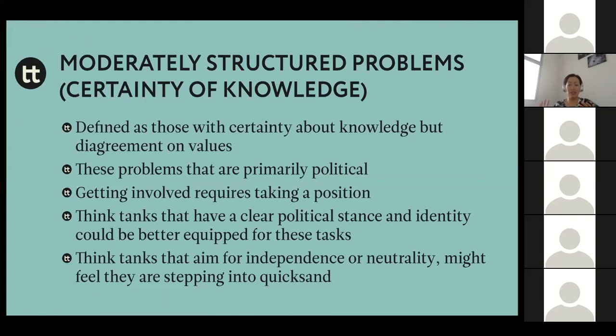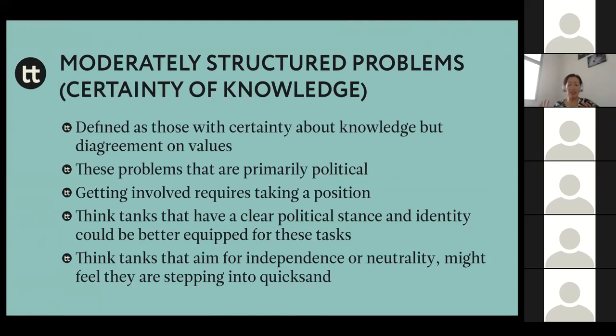Many think tanks don't like taking positions. They like to be seen mostly as conveners, as independent from specific positions, but working in these types of problems may require taking a position on the issue, and this is important to have in mind if we choose to work in these types of problems.